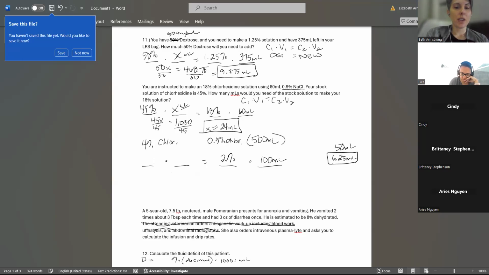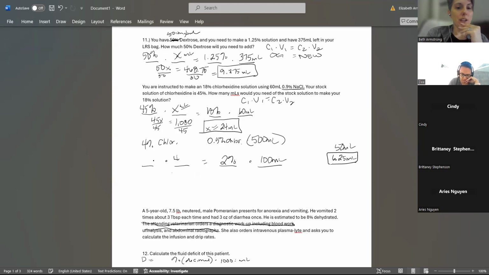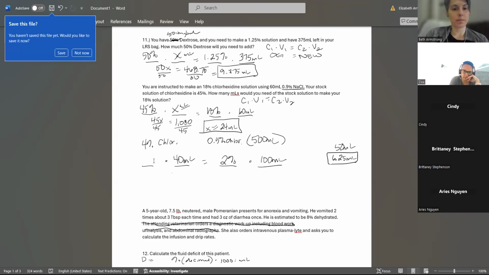They said it was 2% on the label. They put 100 mLs in and they told you that they put 40 mLs into that solution to make it 2%. So then you're like, well, what's the original concentration? That's the unknown right here.